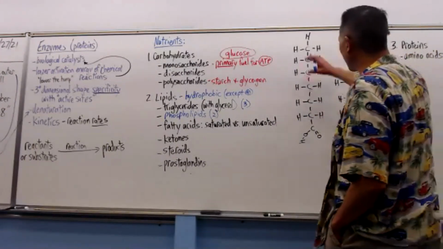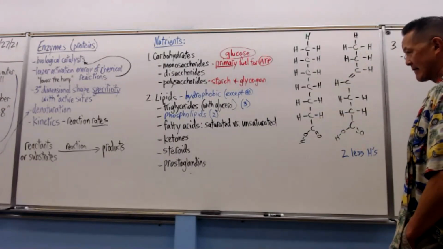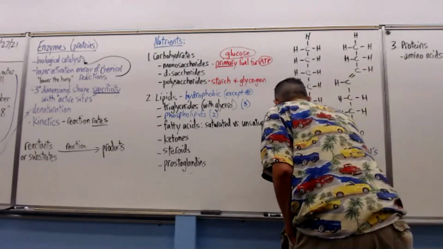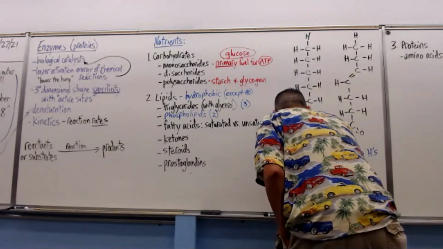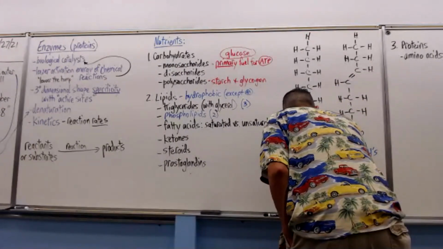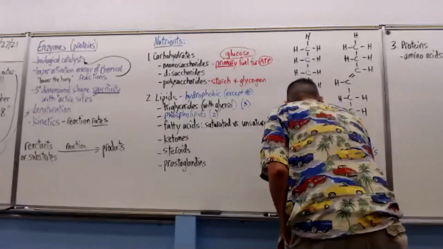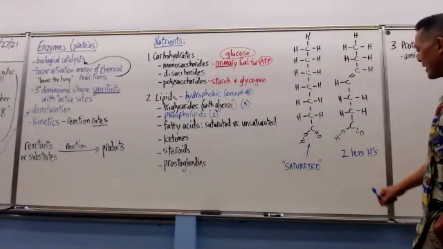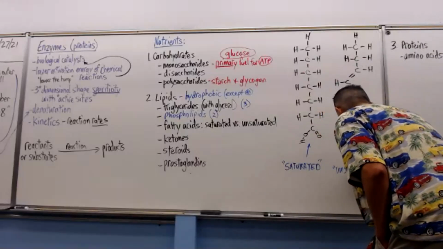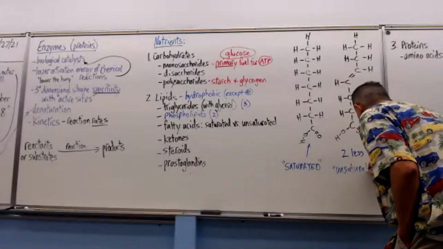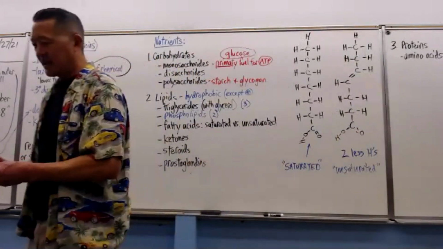And that's why this has as many hydrogens as you can have, with 4 bonds for every carbon. This is a saturated fatty acid. But because we have 2 less hydrogens here, this is unsaturated fatty acid. Now, does this slide make sense?